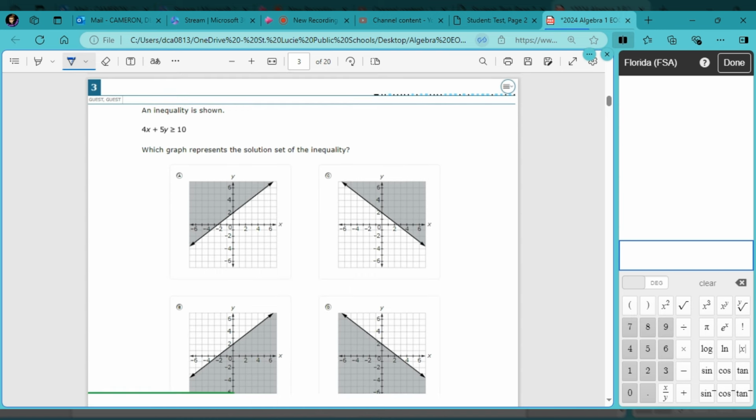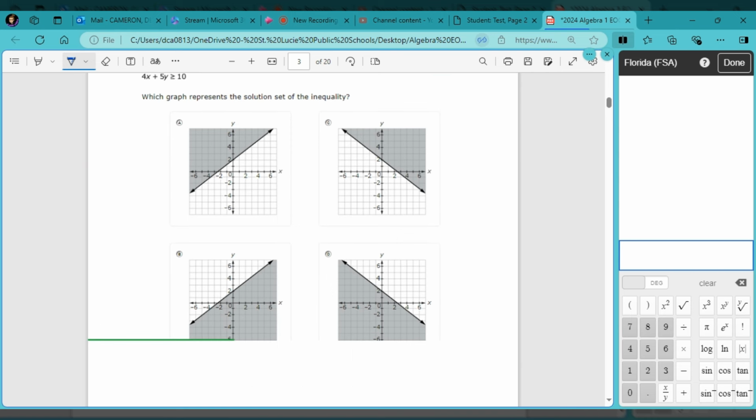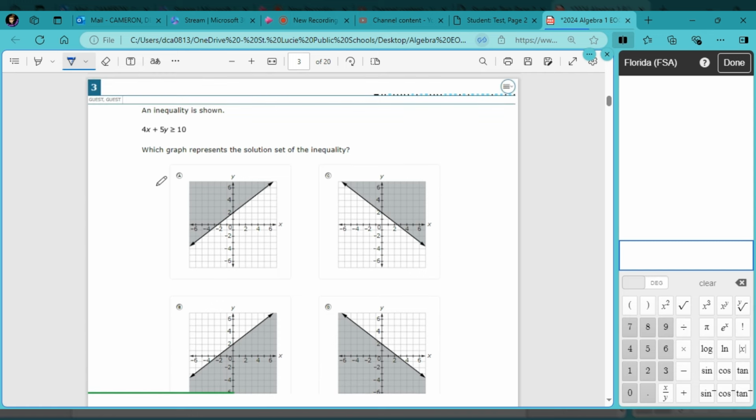And then question number 3, an inequality is shown. Which graph represents the solution of the inequality? For this one, if you look at the form of your inequality, again, it does look like standard form.